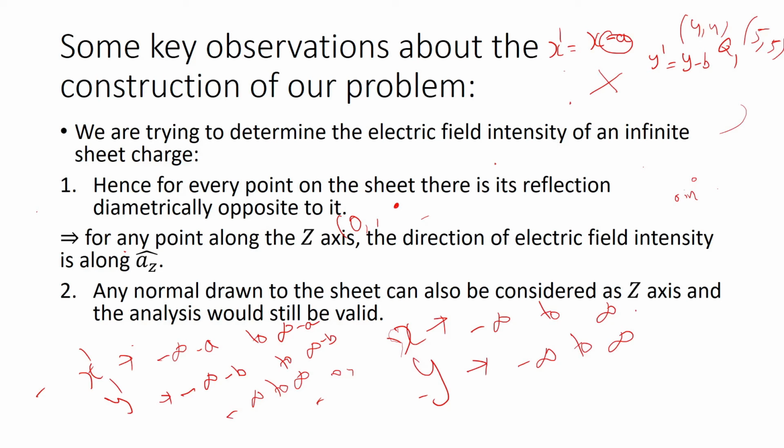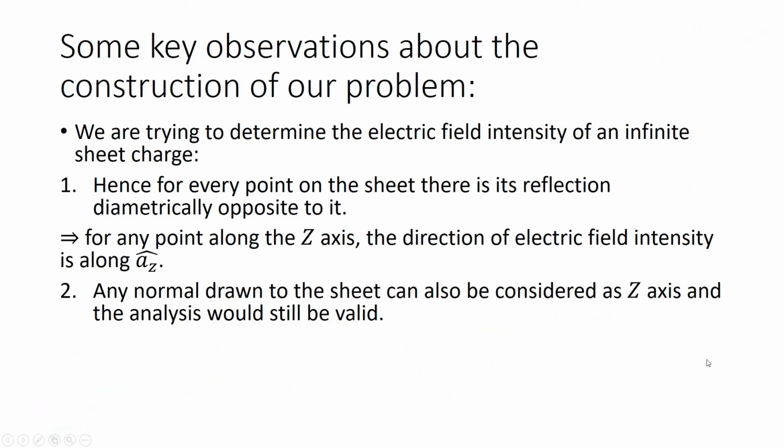What I'm intending to tell you is that, now let us go back to the cylindrical coordinate system. If we have a cylindrical coordinate system, anywhere you draw any normal, for any normal you can find a circle whose radius is varying from 0 to infinity. Around any normal you can draw.